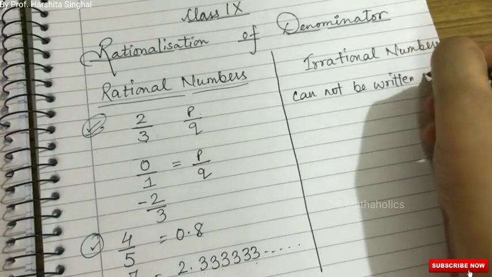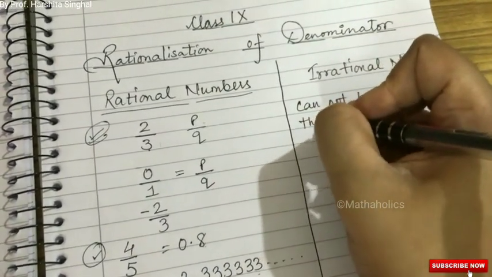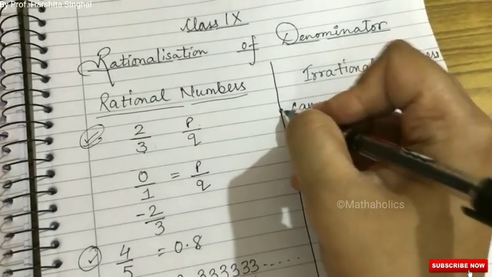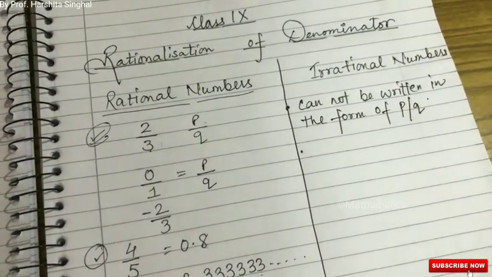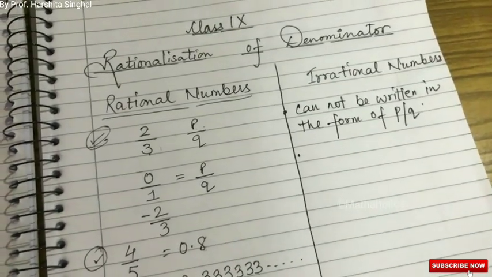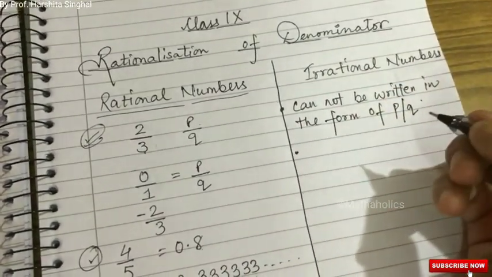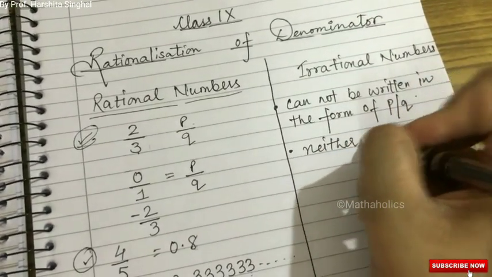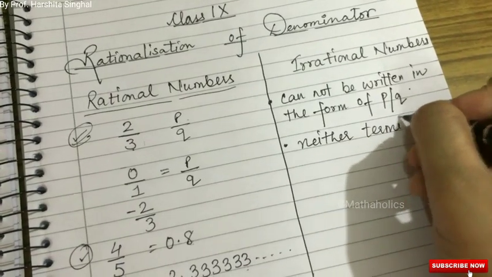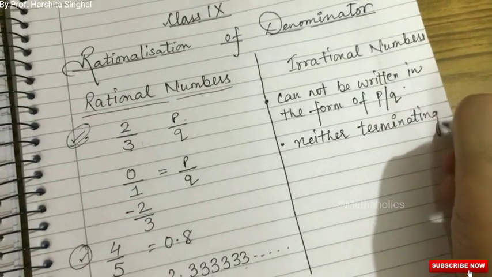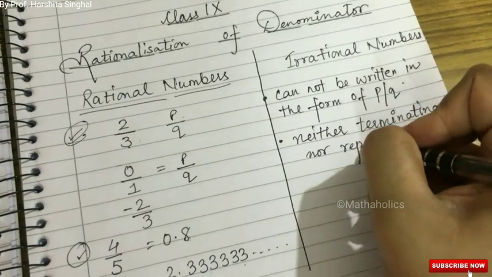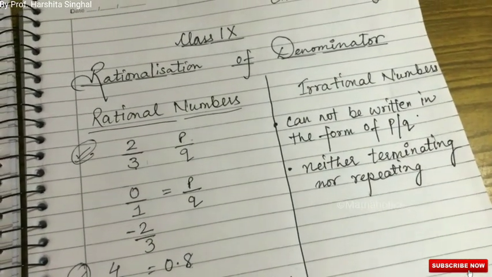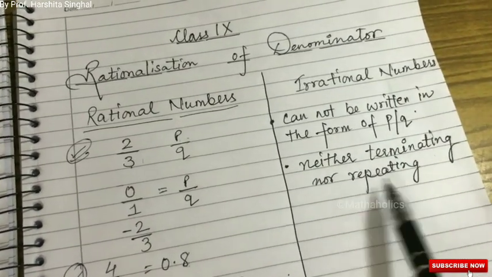Okay, one more thing, when we express irrational numbers in their decimal expansion, their decimal expansion is neither terminating nor repeating. Means when they are expressed in their decimals, they neither terminate nor repeat.